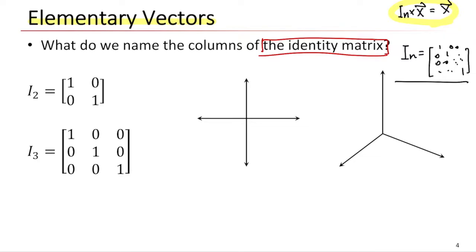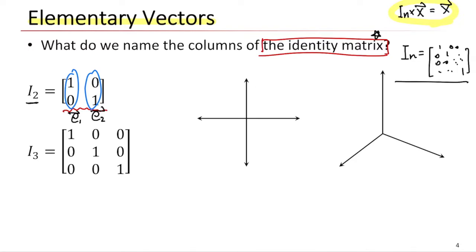So first of all, if we have the identity matrix I2, its shape looks like that. In this case, there are two columns, this one and this one, right? So we can define the elementary vectors E1 and E2.